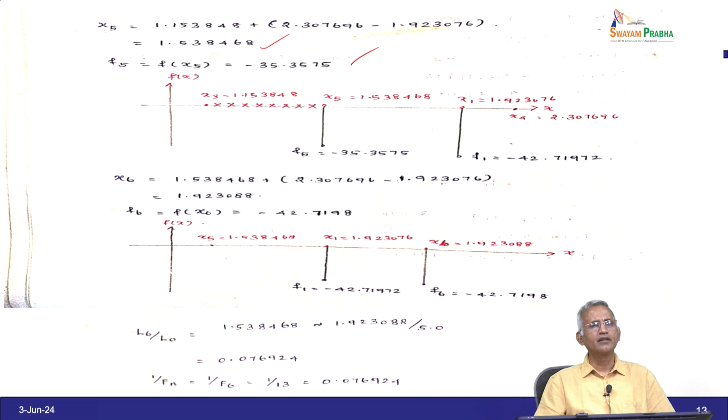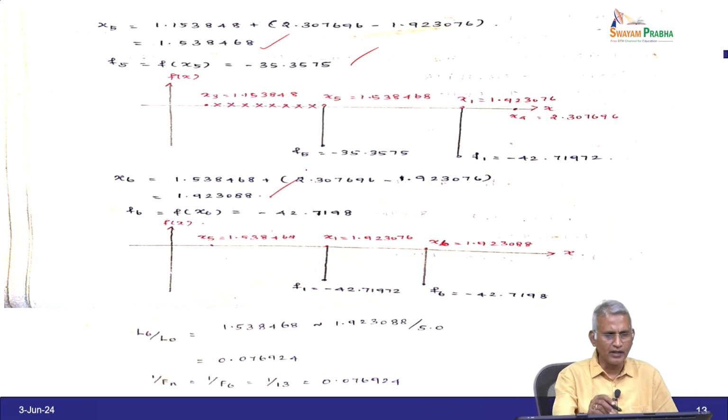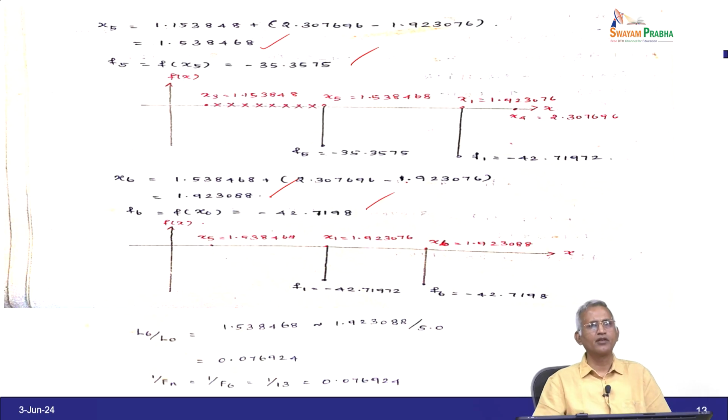Now, you take the limit x6 is x3 plus x4 minus x1, so that 1.923088. Therefore, f of x6 equal to minus 42.7198.